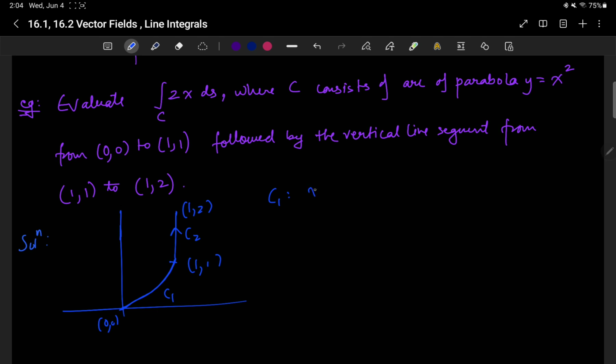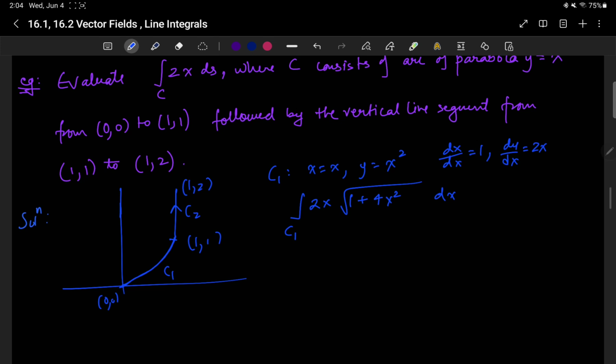For C1, the parametrization I can use is x is x and y is x squared, so that over C1 I have 2x square root of, dx over dx is 1, and dy over dx is 2x, 1 plus 4x squared dx, which, using u substitution, 1 plus 4x squared gives me du is 8x dx, or du over 4 is 2x dx.